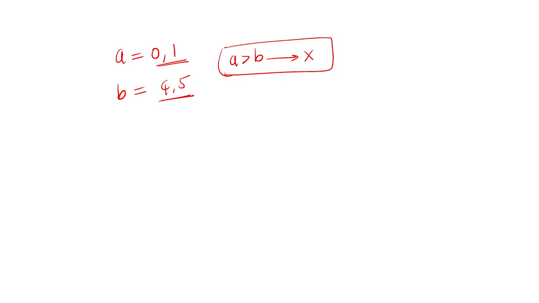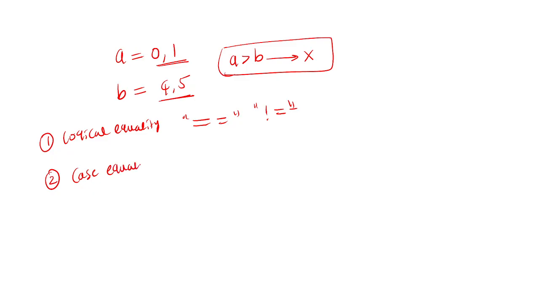And next you have logical equality. This is the symbol for logical equality, and this is logical not equality. And next you have equality operators, case equality.